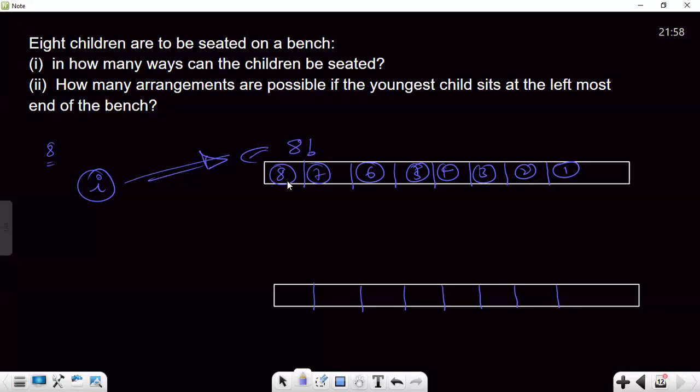Is there any doubt, anyone? We are basically arranging 8 persons on 8 places. So that is very simple. R factorial should be the answer when we are arranging R persons or R elements on R places. So R factorial is the total number of arrangements that we can make. Clear?